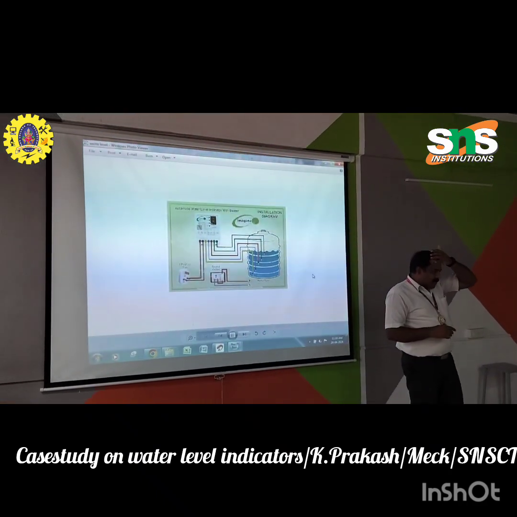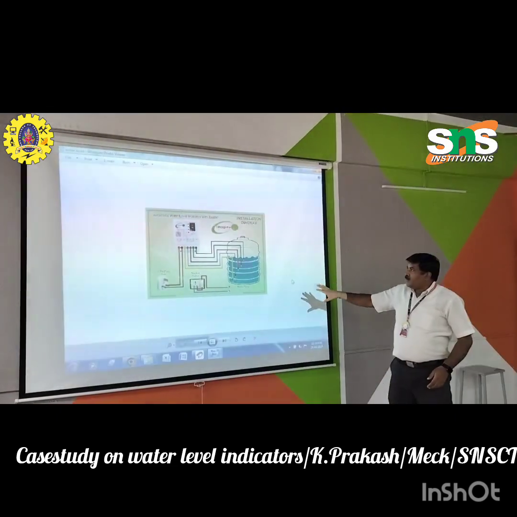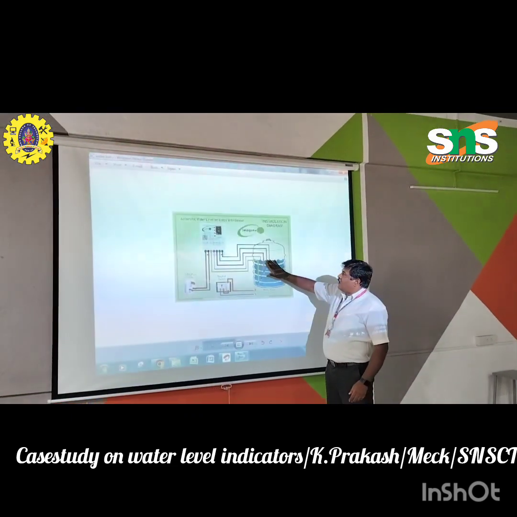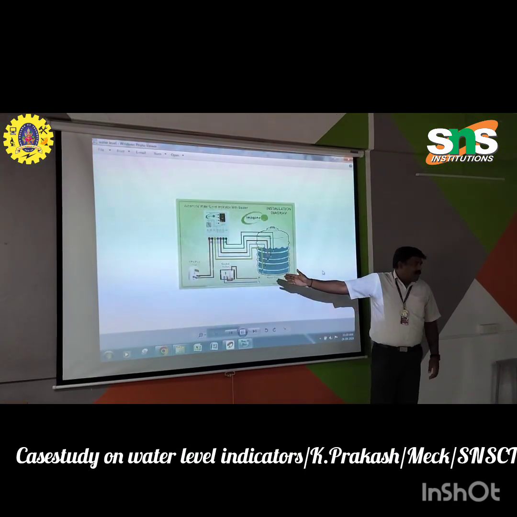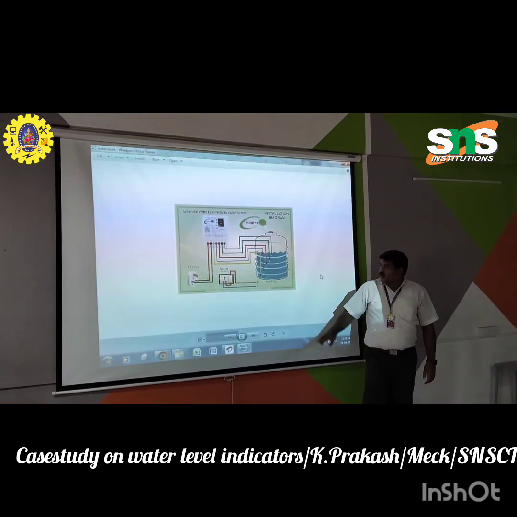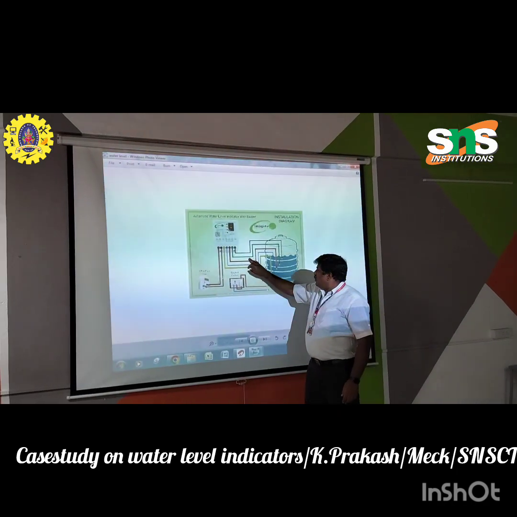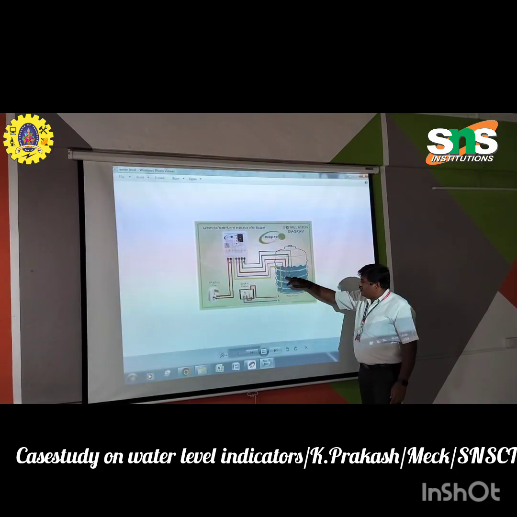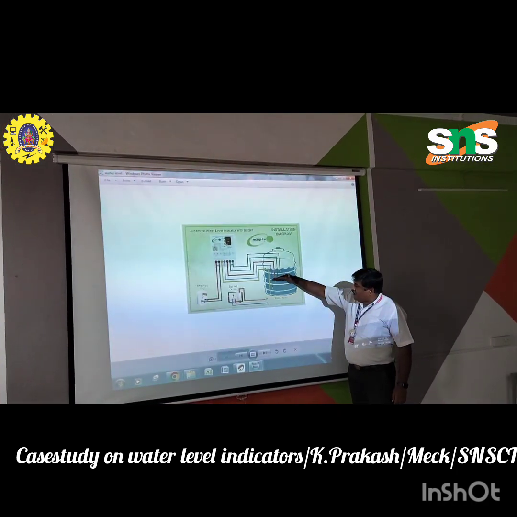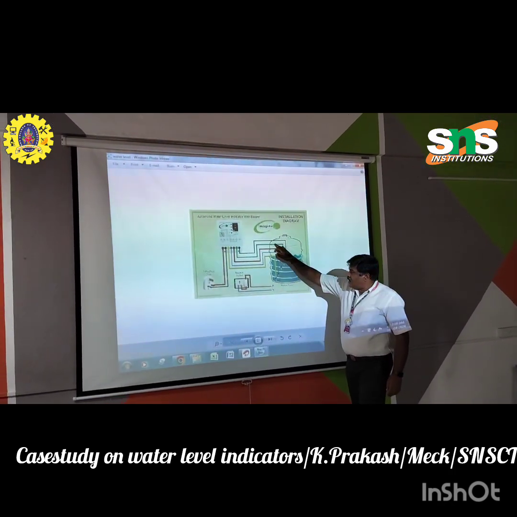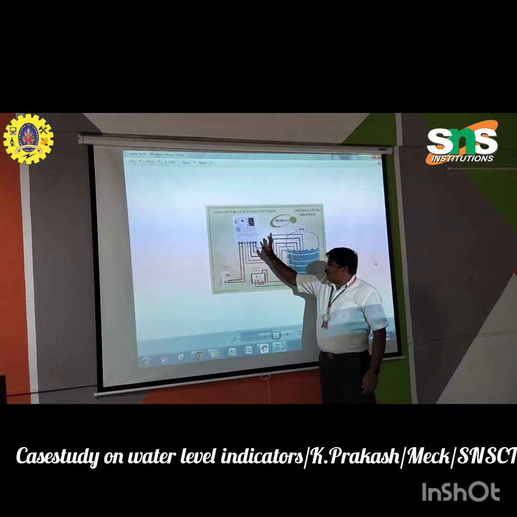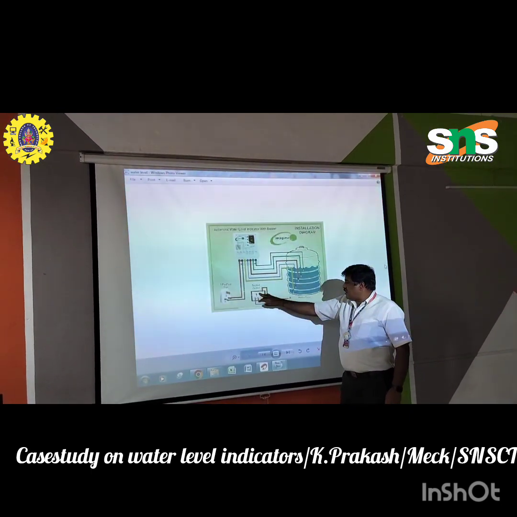Based on that principle, we have made an automatic water level indicator with a buzzer. This is the setup available for domestic purposes. Here there are sensors inserted for each level, connected to the panel board, where there is a circuit.